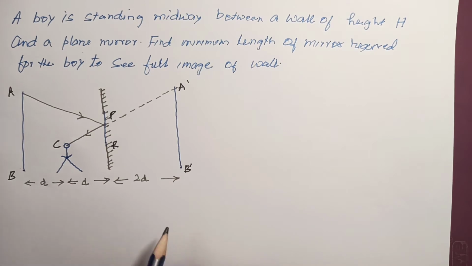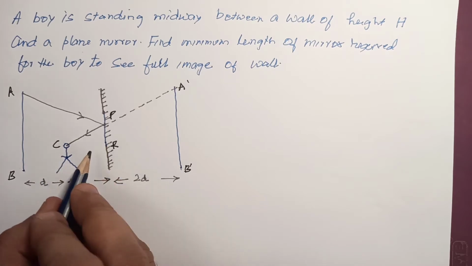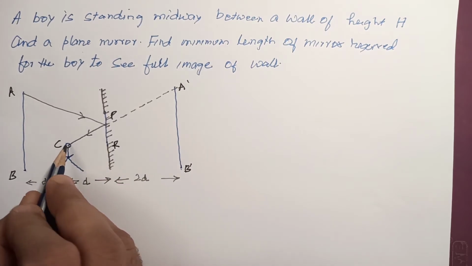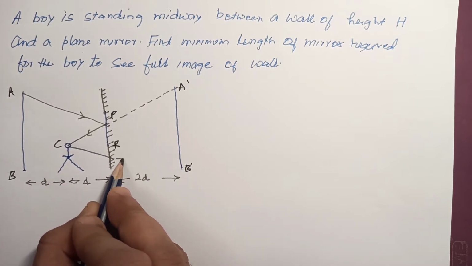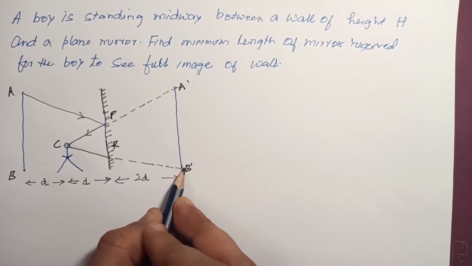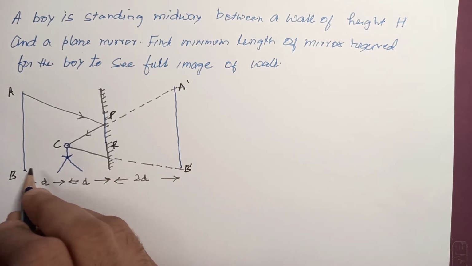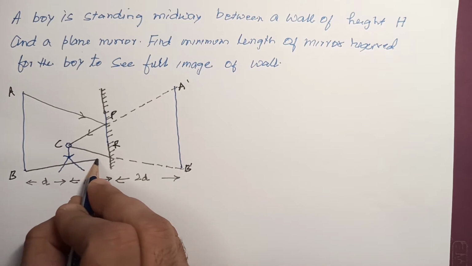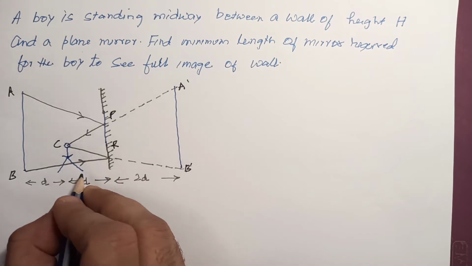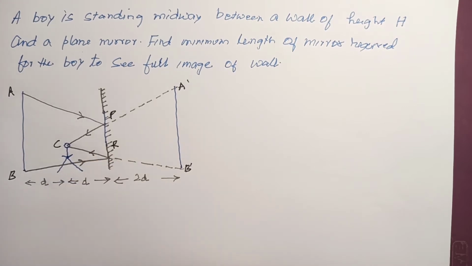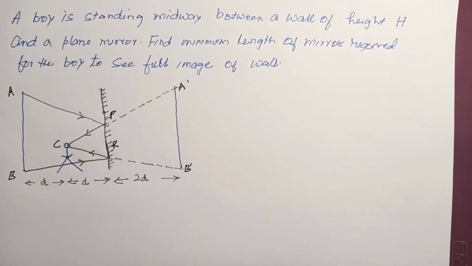Similarly for the bottom end which we need to accommodate, actually the ray of light is coming from here, and then it comes here.